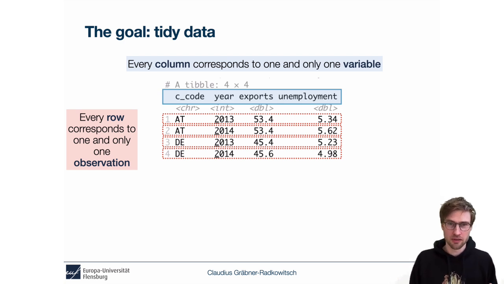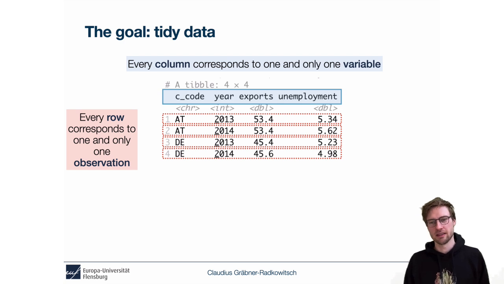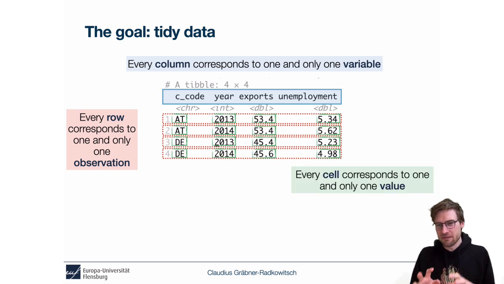Now, the third demand that any tidy data set needs to fulfill is that every cell corresponds to one and only one value. So you see here in the first row and the first column, AT, there is only one thing written in this cell, namely the country code AT. In the second column, again, there is only one thing written down, a year, 2013.